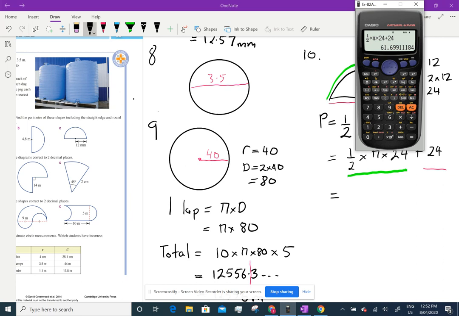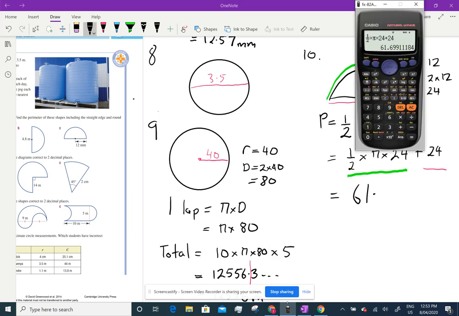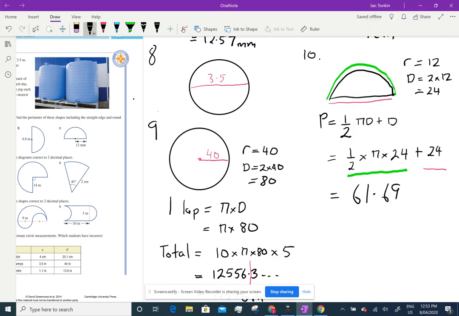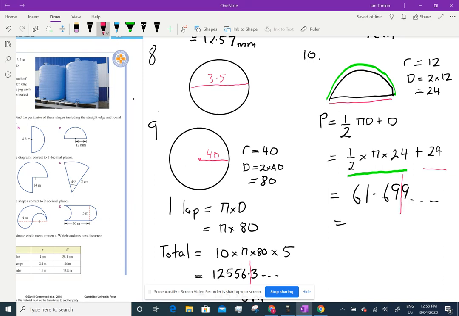So 61 point, what was it? 699, and there are a whole lot of other numbers. Again, draw your red line, or whatever colour you use. It's going to be 61 point. Now, I've stopped a bit short here because this is an unusual one.